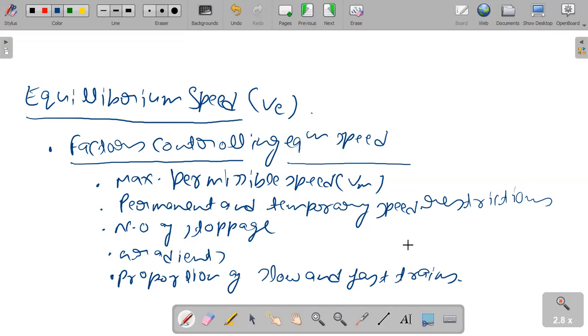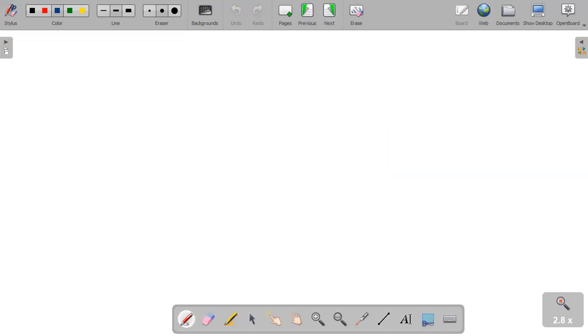So this is it about the factors which control equilibrium speed. Let's move on to the next topic, calculation of equilibrium speed.